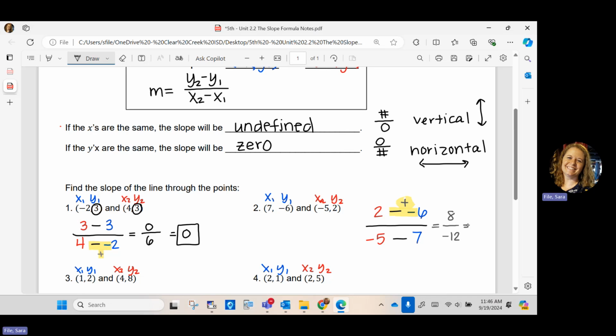So 8 and 12 can both be divided by 4. So if I divided both of those by 4 to reduce this, this would become 2/3. Now you have a positive divided by a negative, so my slope is negative. So it's -2/3.